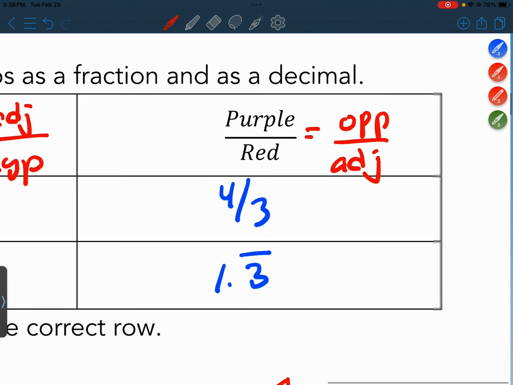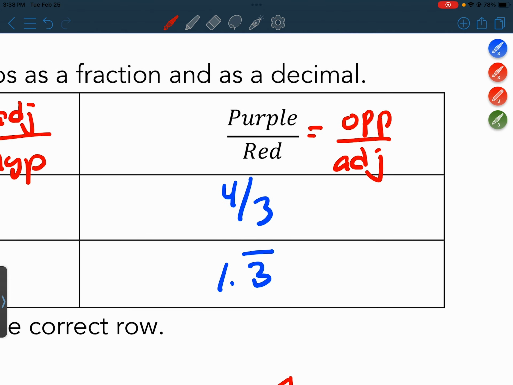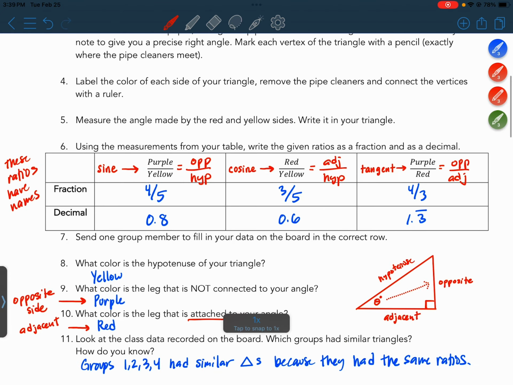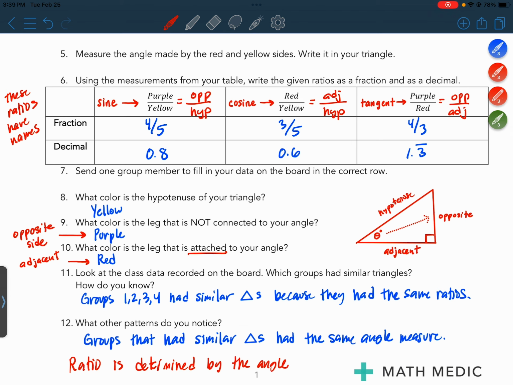And then our third ratio, purple to red or opposite to adjacent, this is called the tangent ratio. So 3 different ratios using the different sides of our right triangle.